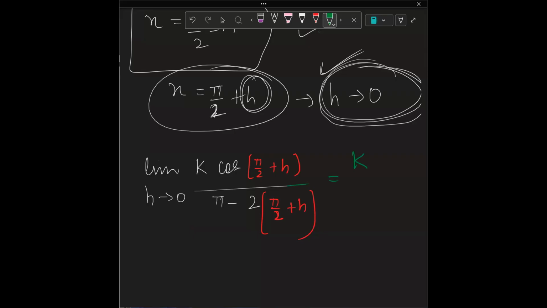What's cos pi by 2 plus h? Sin h. Is it sin h or minus sin h? Plus or minus? Minus. Minus sin h. Because it is in the second quadrant, and in the second quadrant, cos is negative.